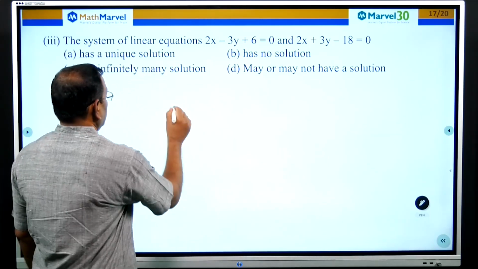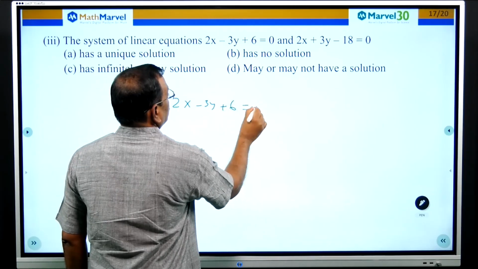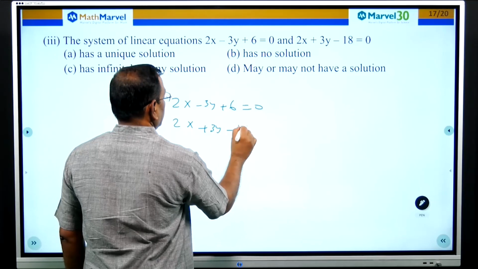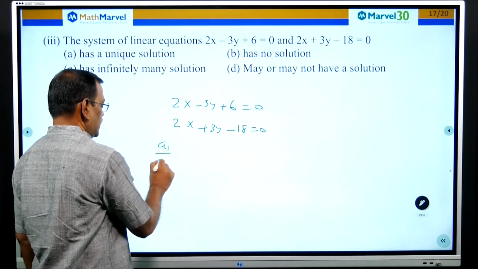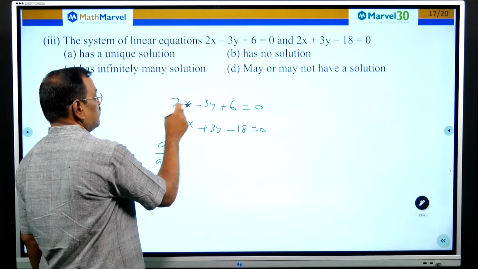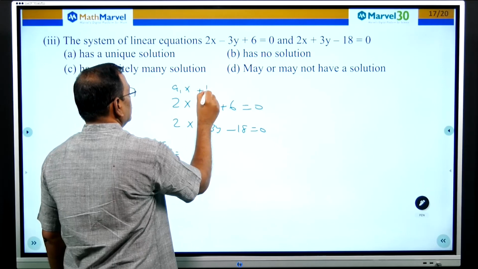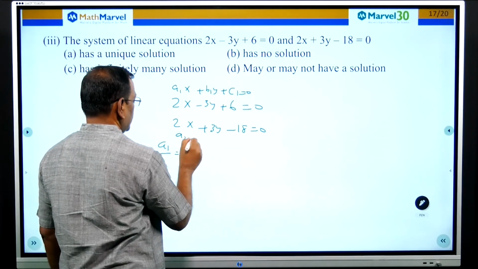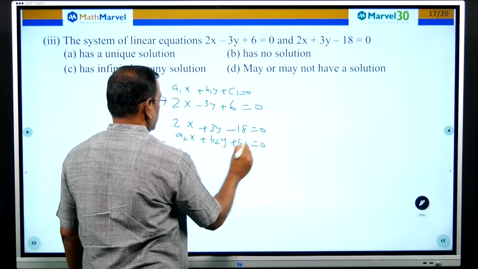For that, first write the given equations: 2x minus 3y plus 6 equal to 0 and 2x plus 3y minus 18 equal to 0. First, what is a1 by a2? This is a1, b1, c1: a1x plus b1y plus c1 equal to 0, a2x plus b2y plus c2 equal to 0.